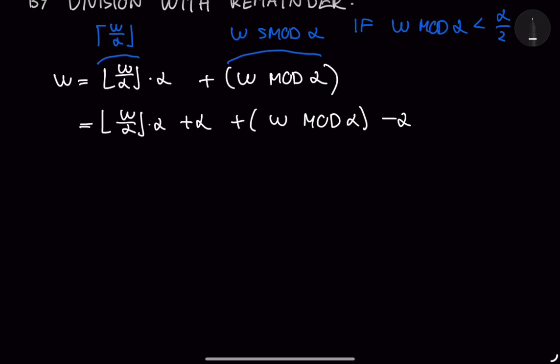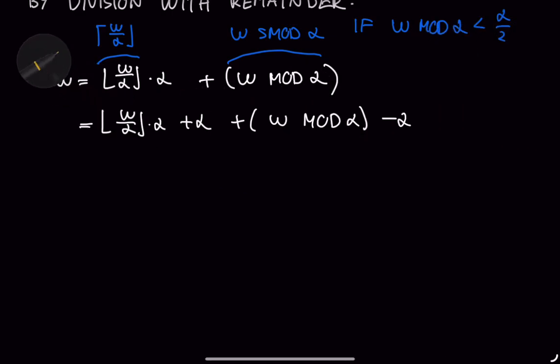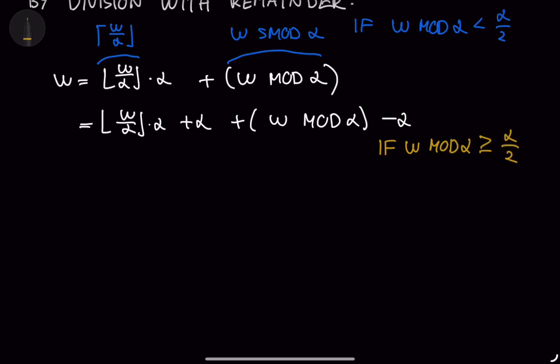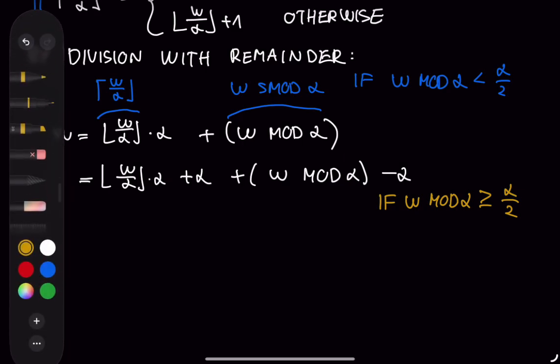So in the case, let's say, I write it in another color, like yellow, if w mod alpha is greater or equal to alpha half, then we have first another thing to do.